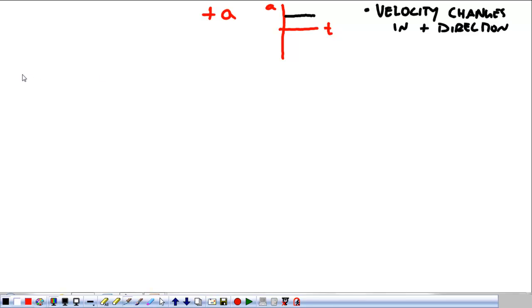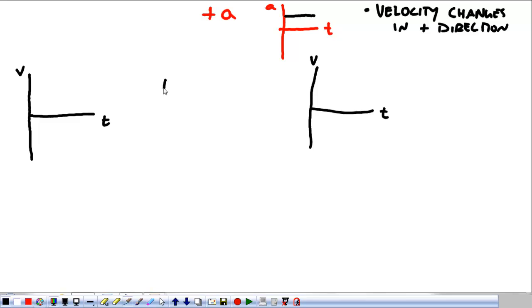And if we look at velocity versus time, I'm going to do two separate ones. I think that's going to be easier to see everything. Velocity versus time over here, and velocity versus time over here. Looking at each of these, I can say that positive acceleration for velocity versus time means that I have positive slope.